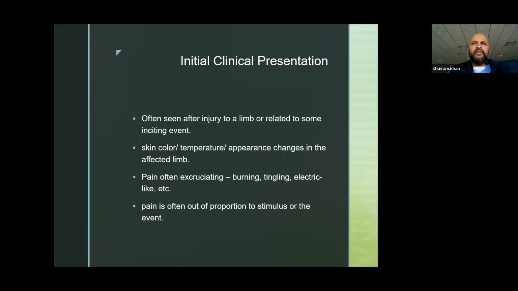Pain is often, as I mentioned earlier, disproportionately severe, excruciating, if you compare it with the intensity of the injury. It is excruciating burning pain, tingling, electric shock-like pain, and as I mentioned, out of proportion to the stimulus or the event.